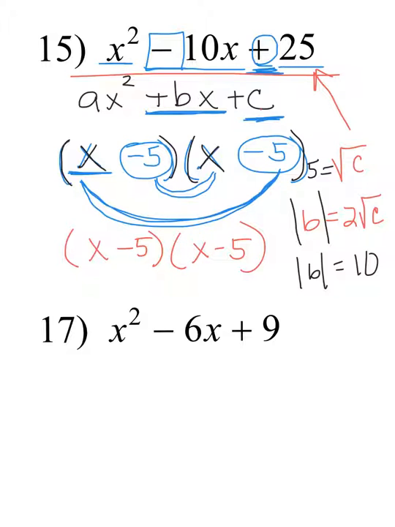The other part of our term has to be a negative 5, basically coming from the square root of 25. Our b term is negative 10, but we only need half of that, so we put our negative 5 and our negative 5. So let's do number 17, and maybe that will solidify this whole discussion.